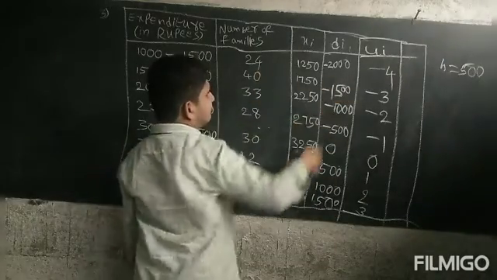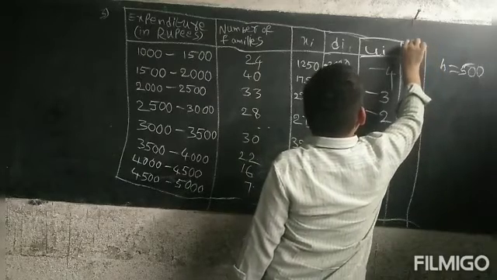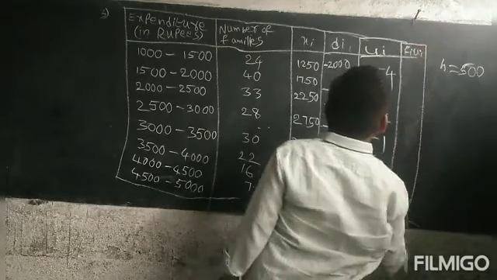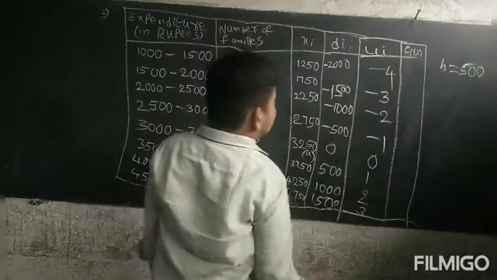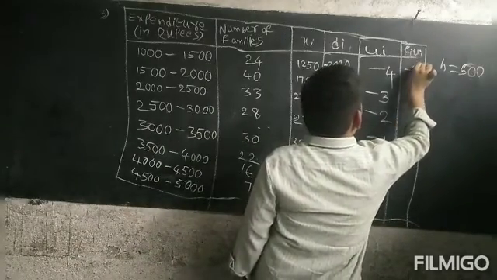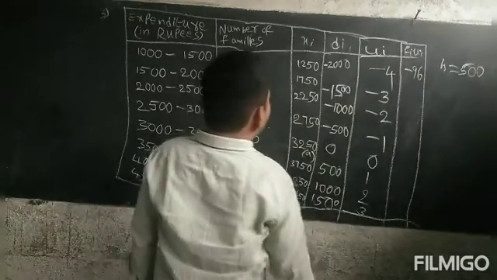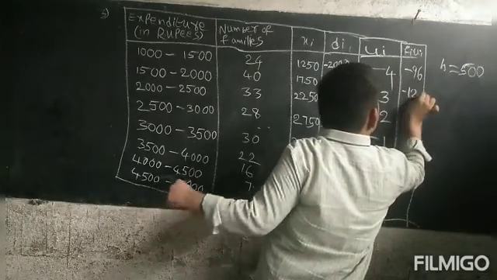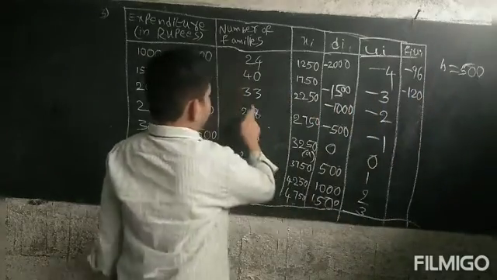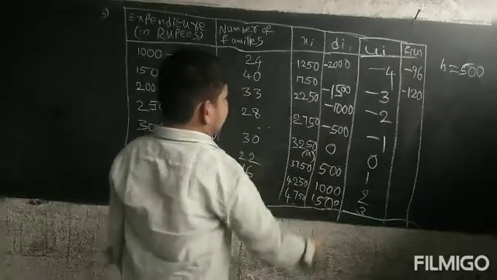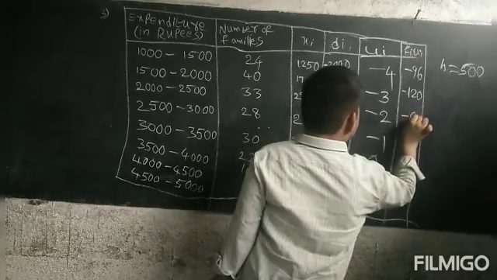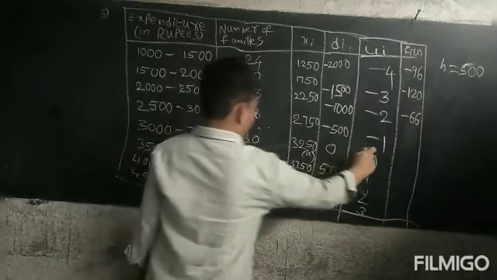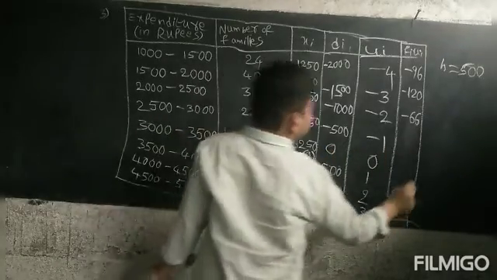Now, f_i u_i. 24 times minus 4, minus 96. 40 times minus 3, minus 120. 33 times minus 2, minus 66. 28 times minus 1, minus 28.